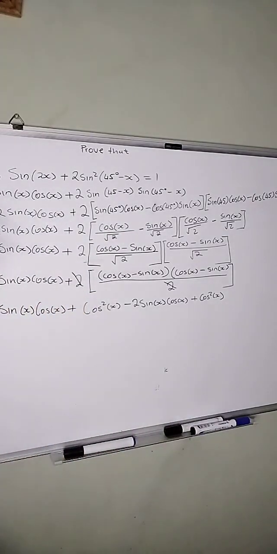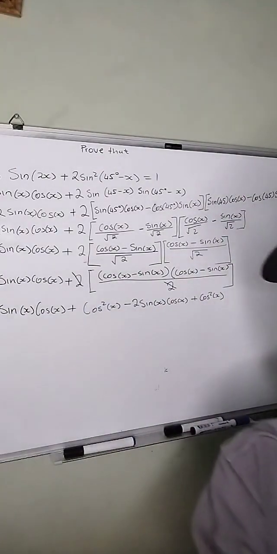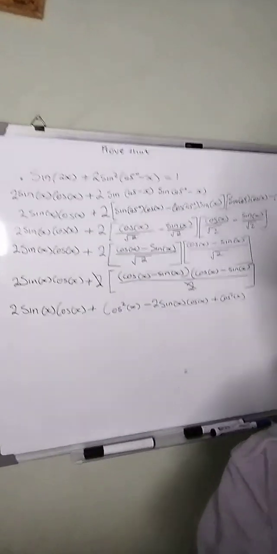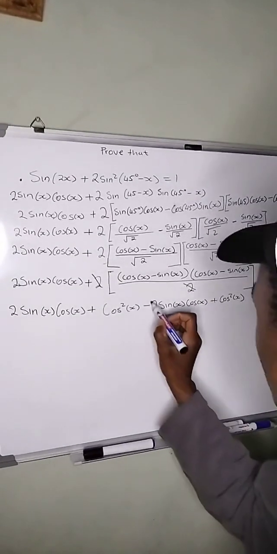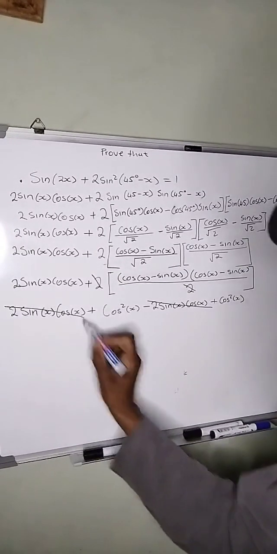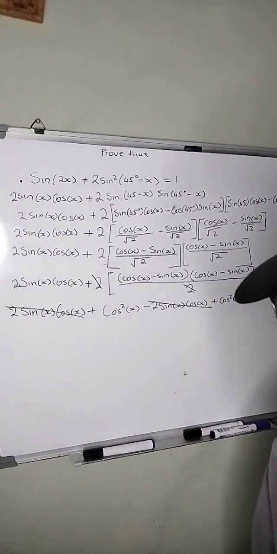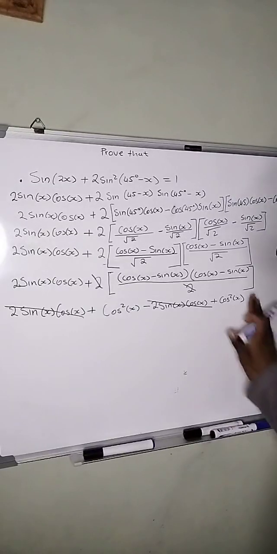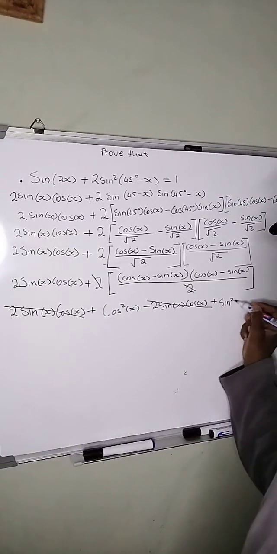So now we are getting somewhere, guys. Let's watch this closely. So this will cancel that. Oh, sorry. Yes, it's going to be 2 sine squared x.